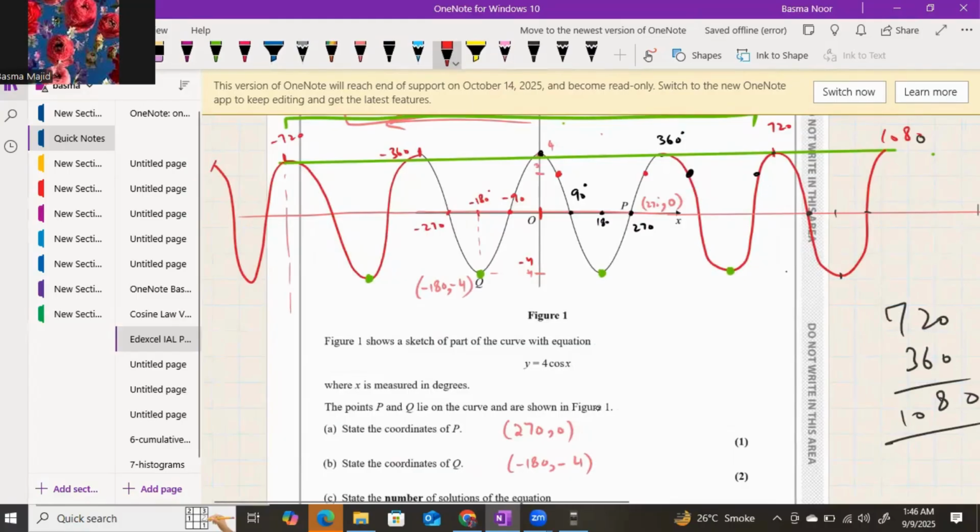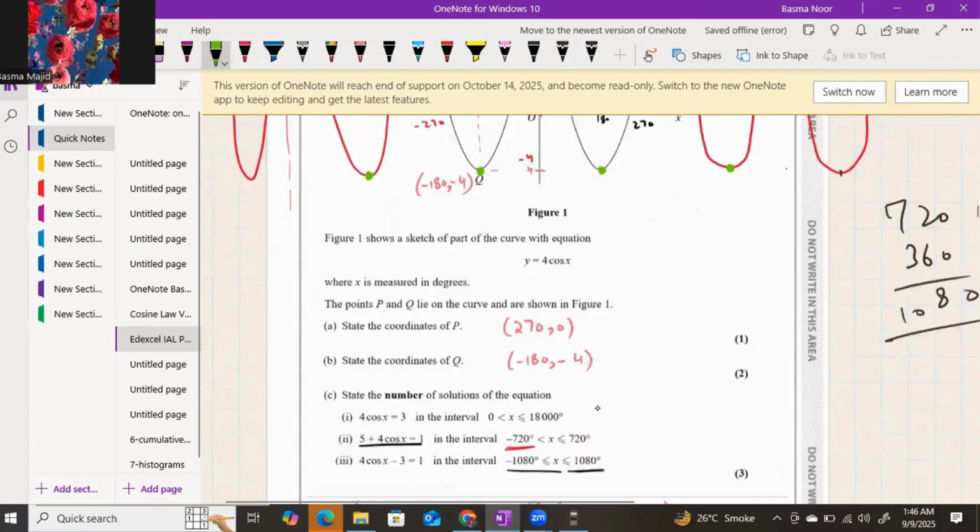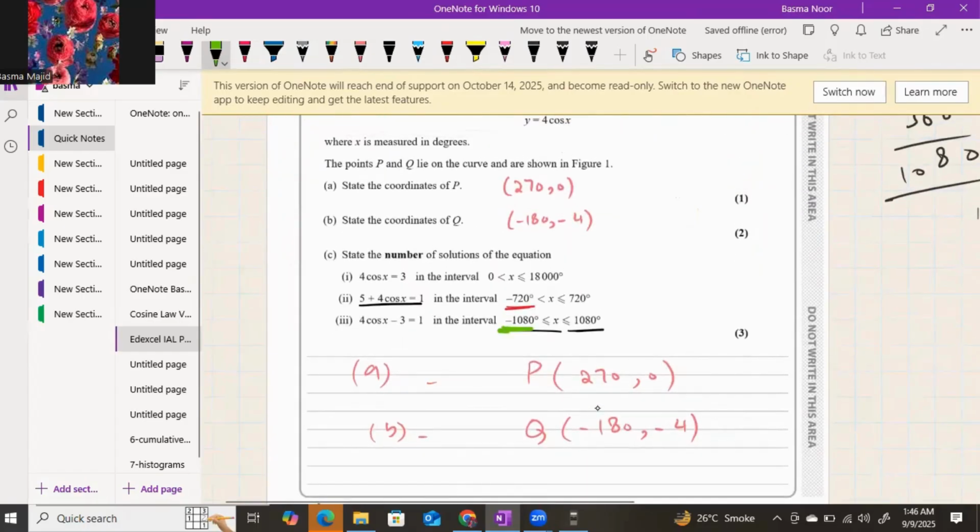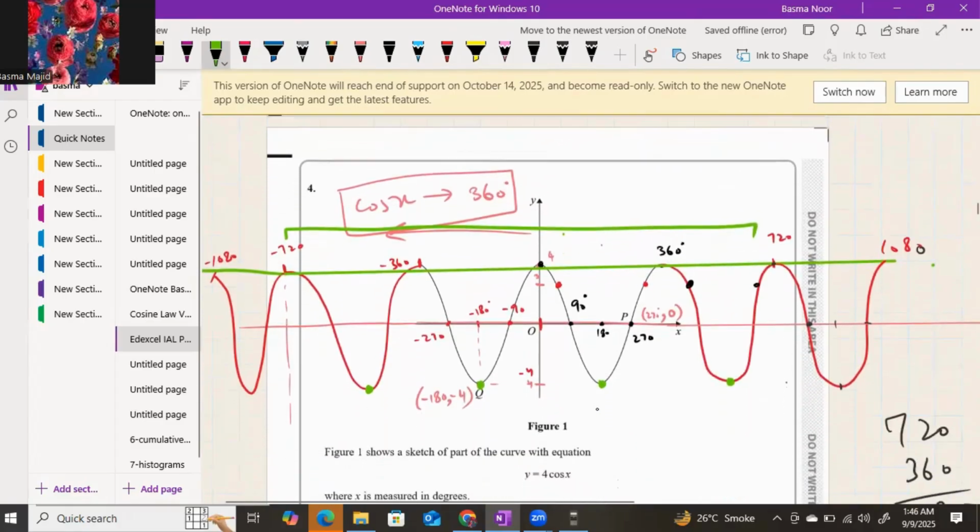Negative 1080. So you find the number of solutions for the line y equals 4 from negative 1080 to 1080. Both of these points are included, as the condition on x values says. So you can find the number of solutions: 1, 2, 3, 4, 5, 6, 7. So we are getting 7 solutions here.